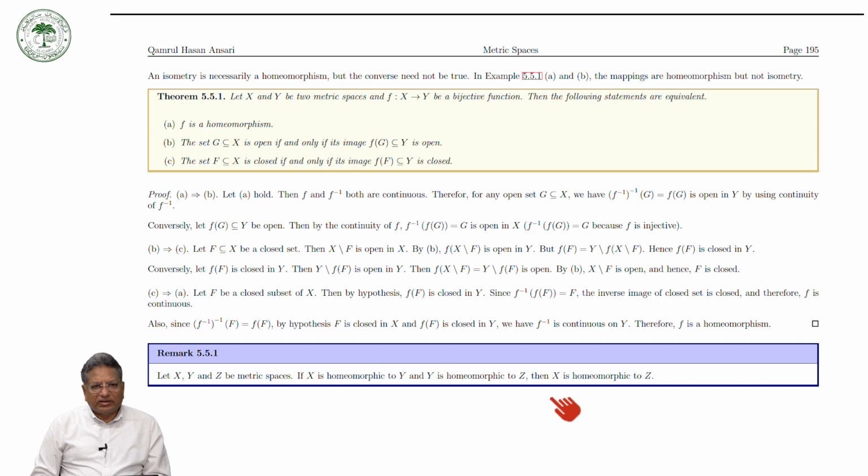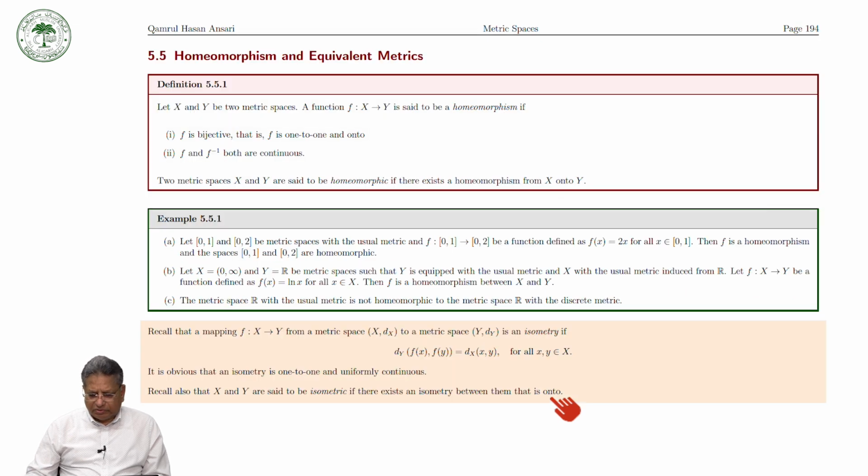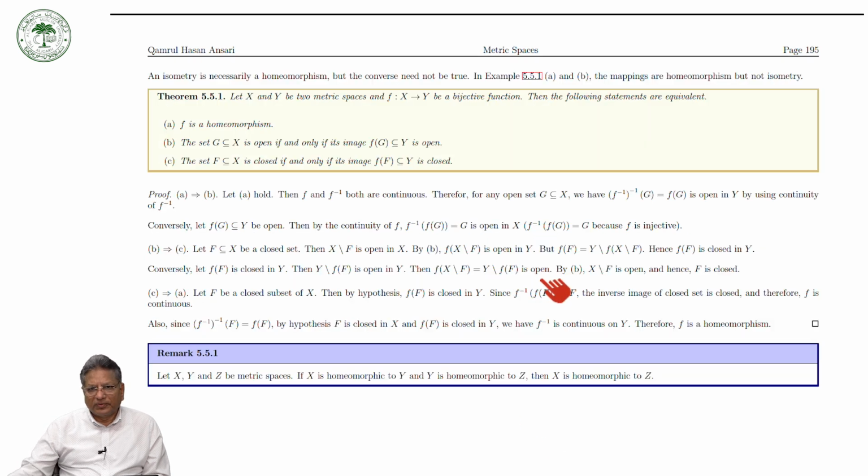Then an isometry is necessarily a homeomorphism, but the converse is not true. You can see in the previous examples, these two mappings are homeomorphisms but not isometries.